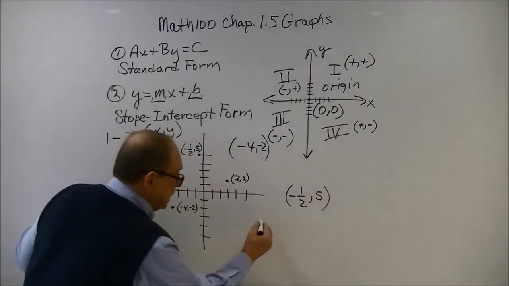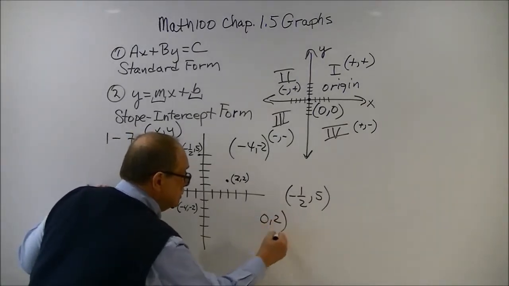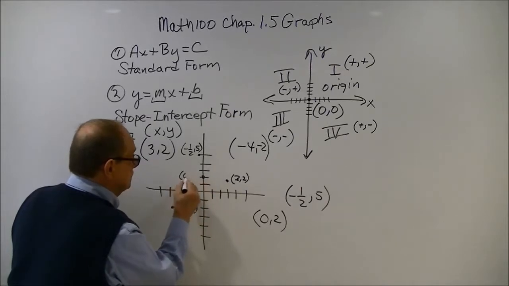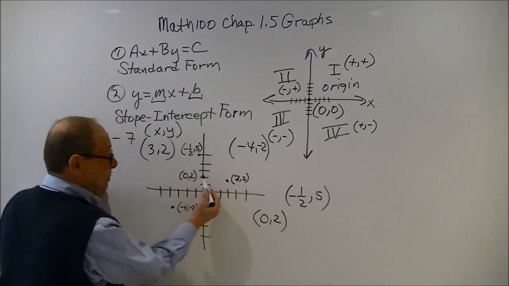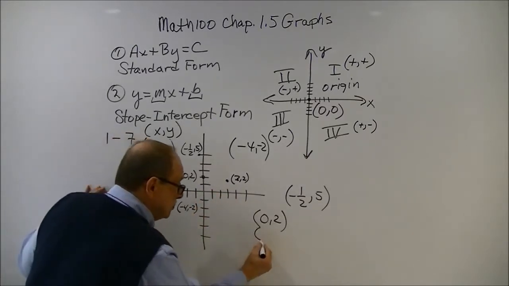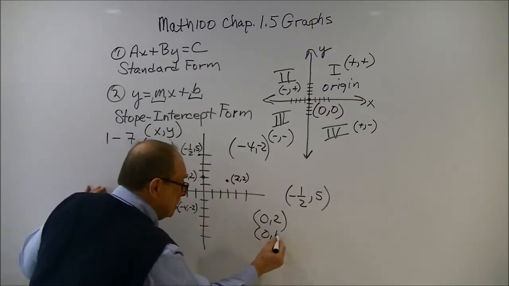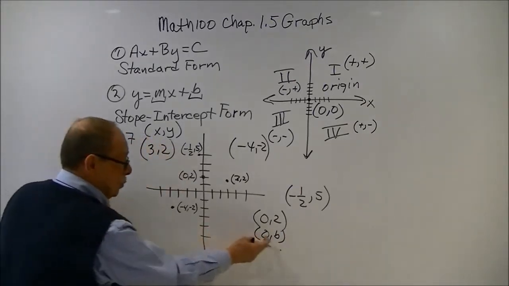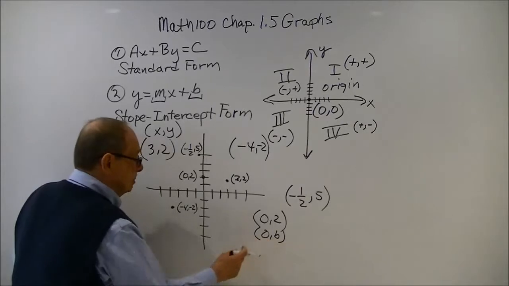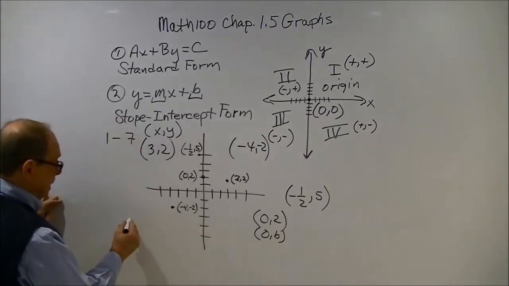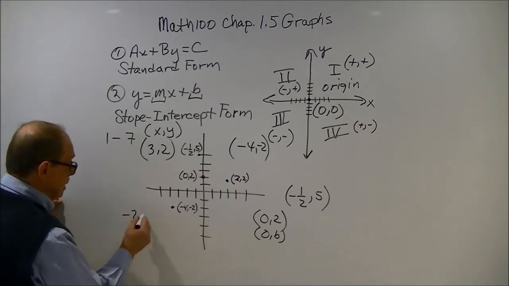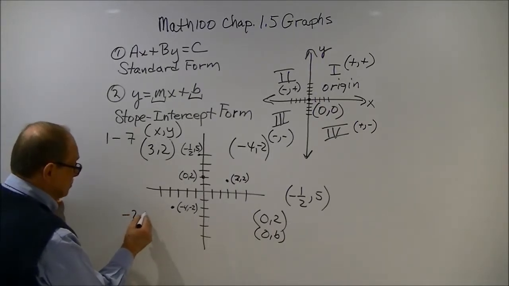And then if we had one like this, (0, 2), right there. And that would be your y-intercept, which sometimes could be written as (0, b). That's your y-intercept, the standard form for writing the y-intercept. And then another one would be, let's say, (-2, 0).